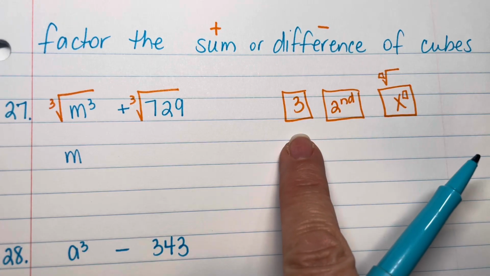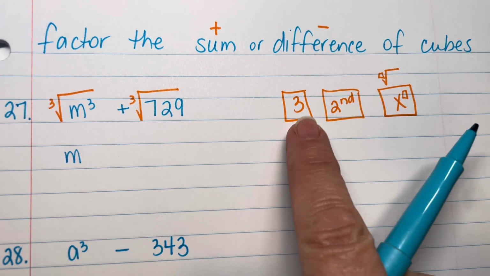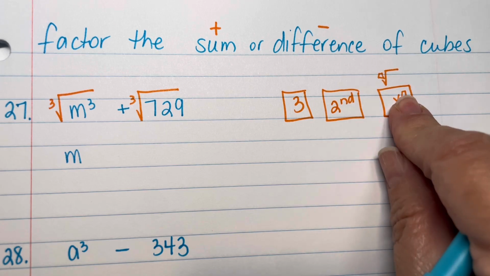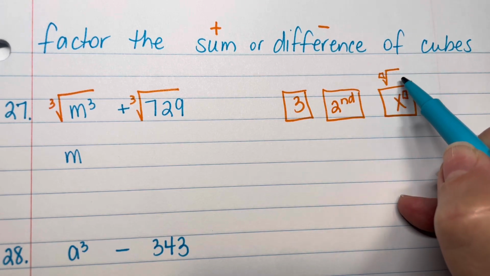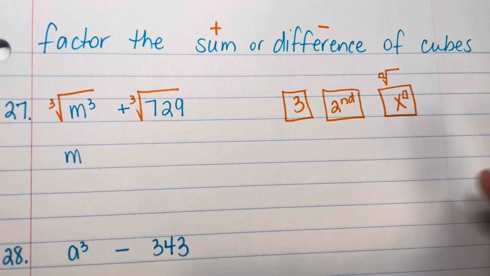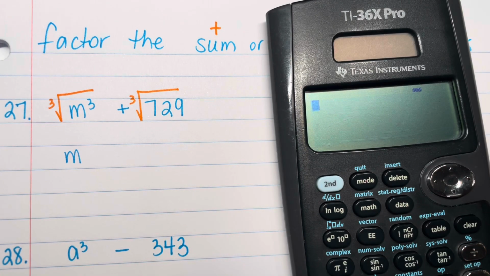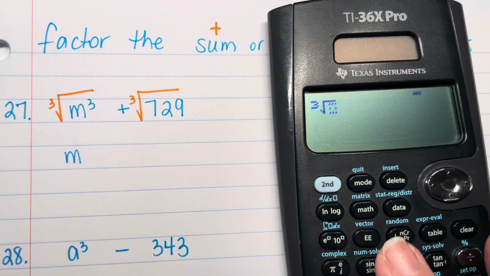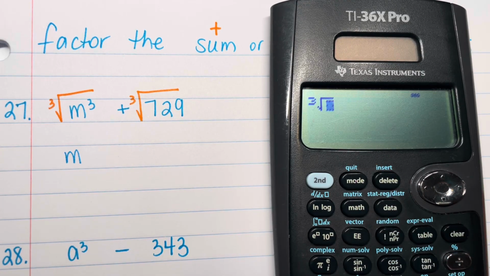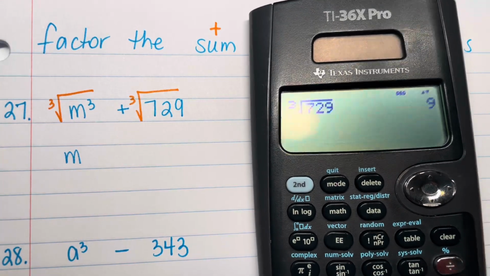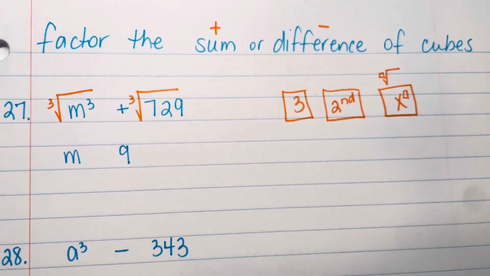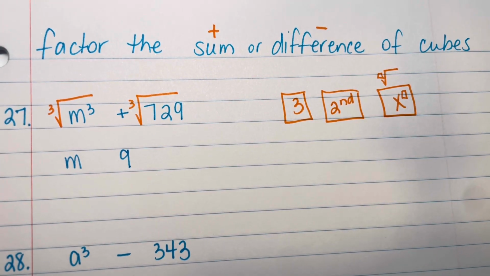To type in the cube root, we're going to type in 3, then the second button, and then the x raised to the box button, because above that we have the box root button. So we have the cube root of 729, which is 9. Now that is our first factor.